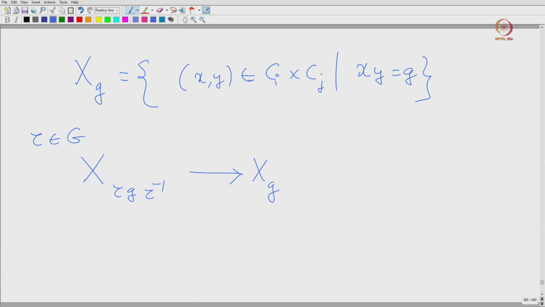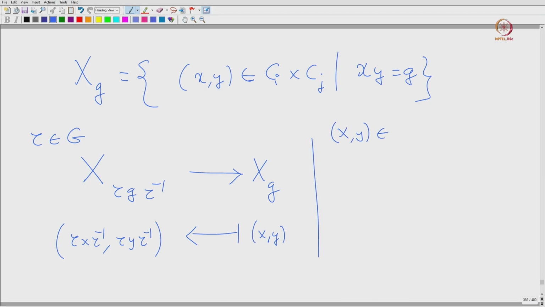And if we think about it, that bijection is indeed given easily. What we can do is take a pair (x, y), and simply map it to (tau x tau inverse, tau y tau inverse). If we take (x, y) from X_g, then we know that the product xy is g.